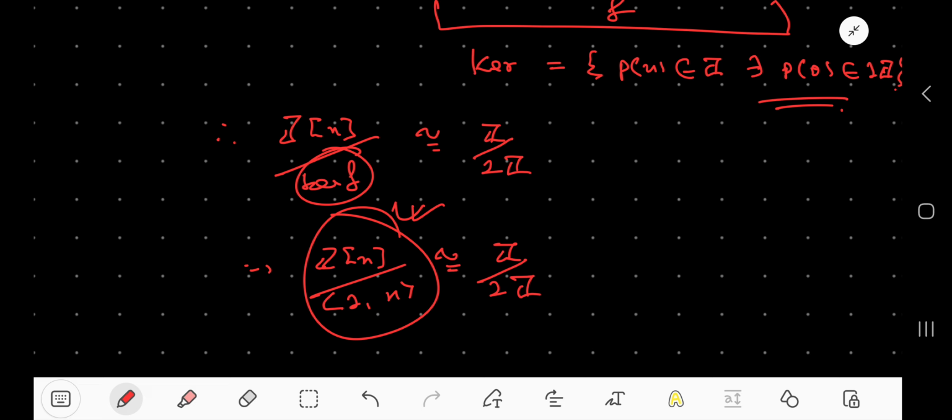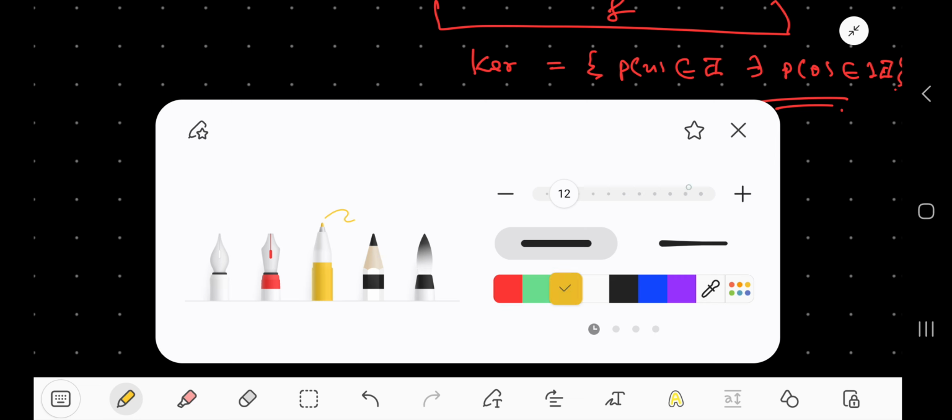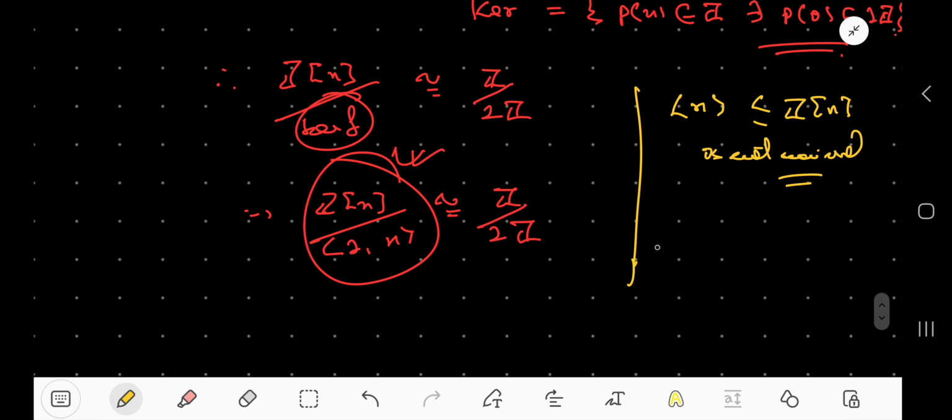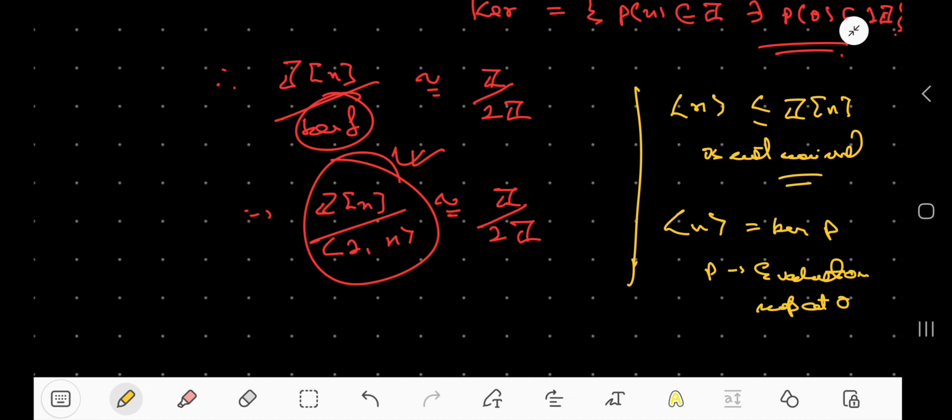Got it? But immediately we can also prove the following, that the ideal generated by x in Z[x] is not maximal. And why is it so? Because this is the kernel of the evaluation map at 0, where P is the evaluation map at 0, and it's a surjective map.